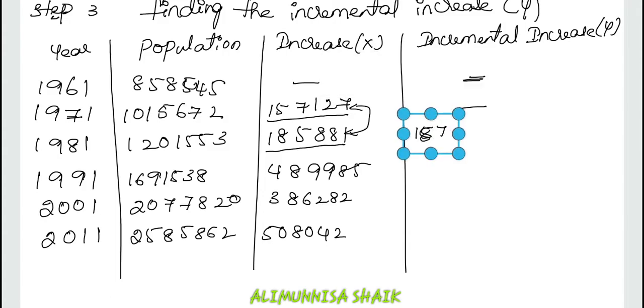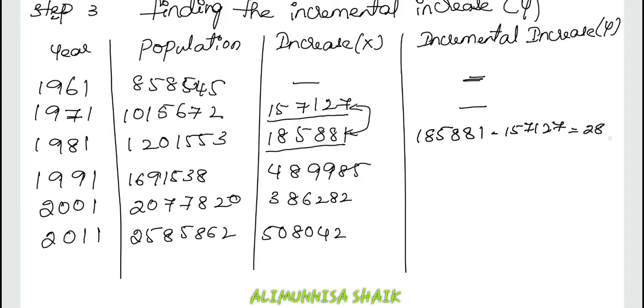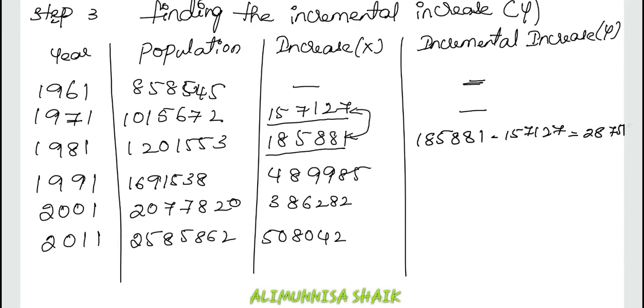I am writing it again. So, it is 185881 minus 157127, and this will be equal to 28754, 28,754. This will be the number.